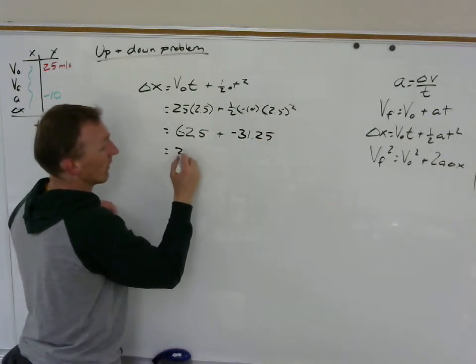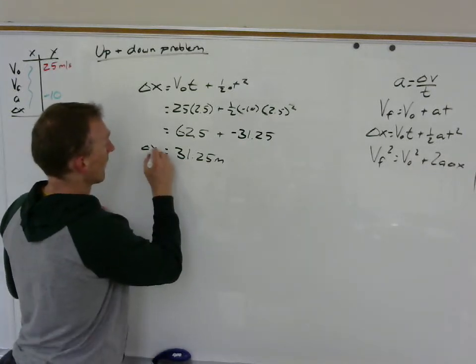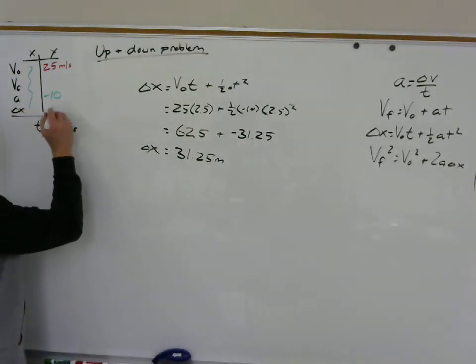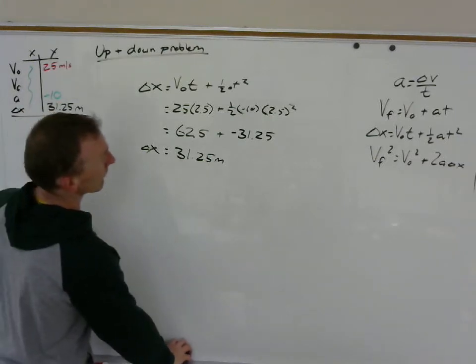Add those things together. The displacement is then 31.25 meters to the peak. So that's how we figure out how high this thing actually traveled.